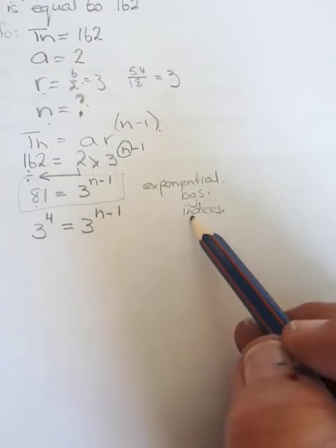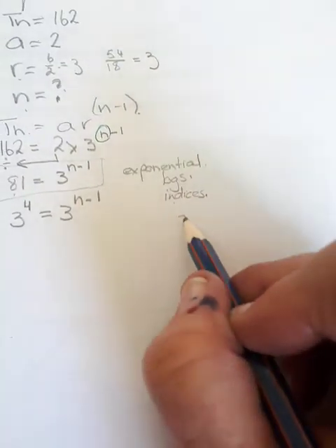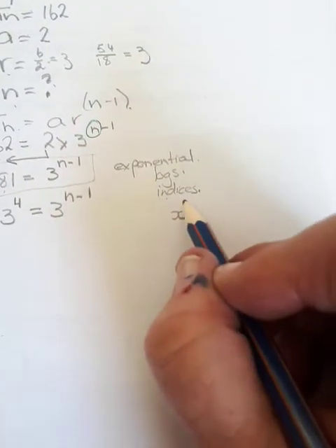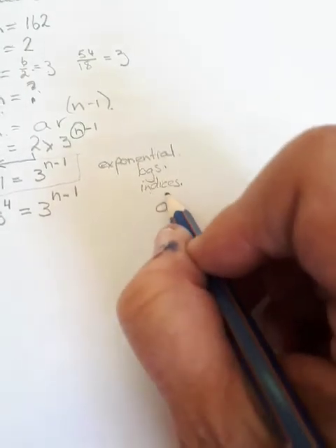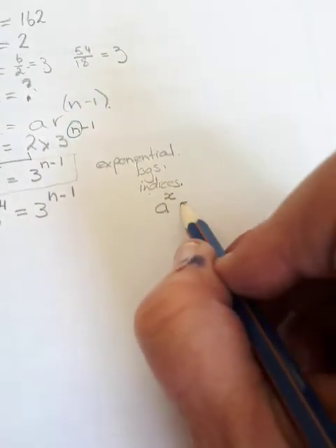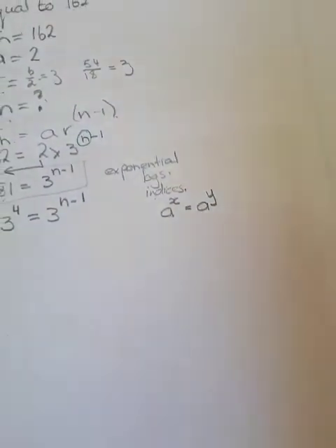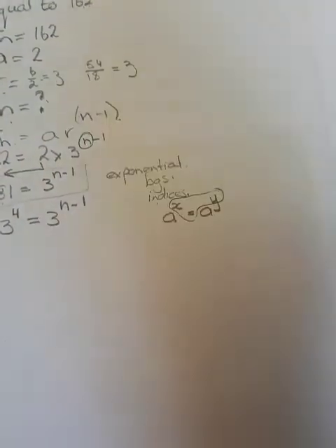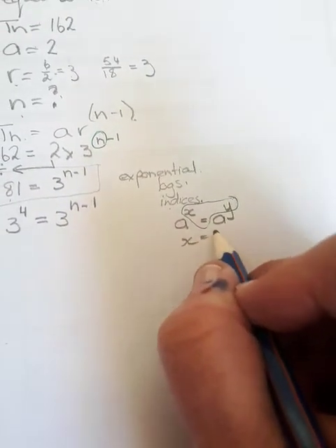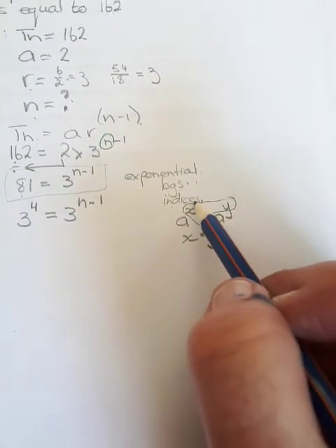And remember, with the exponential equations, we learned that if a to the power of x equals a to the power of y, then I can also assume that x equals y. Okay, that's your exponential or the indices laws.